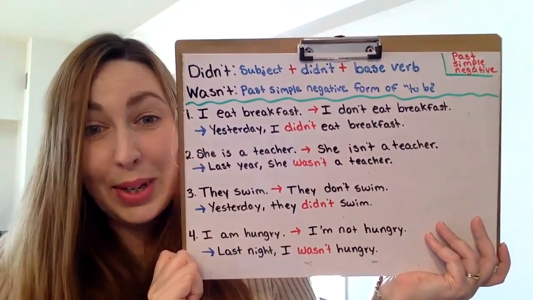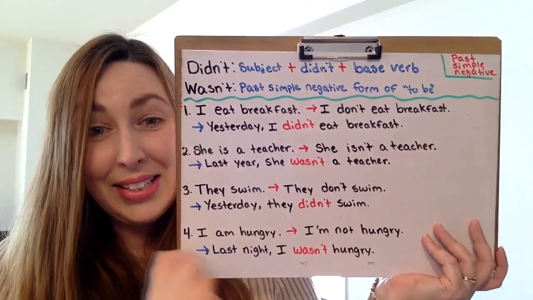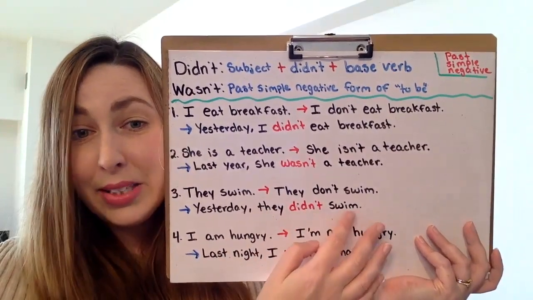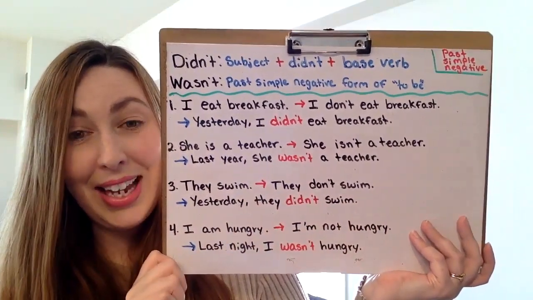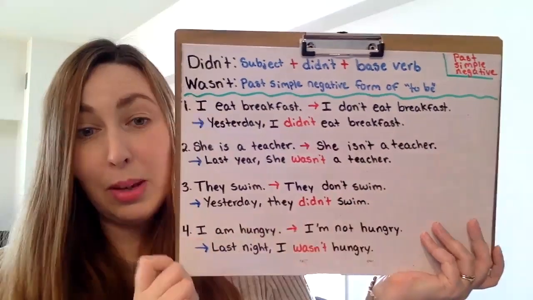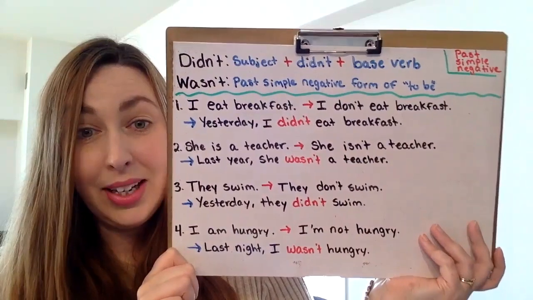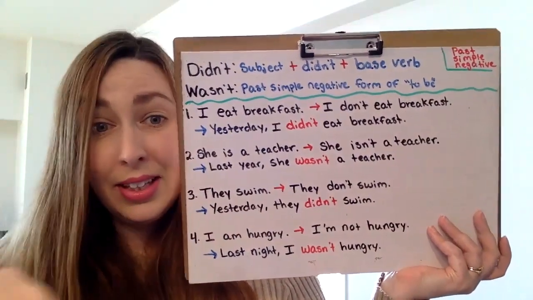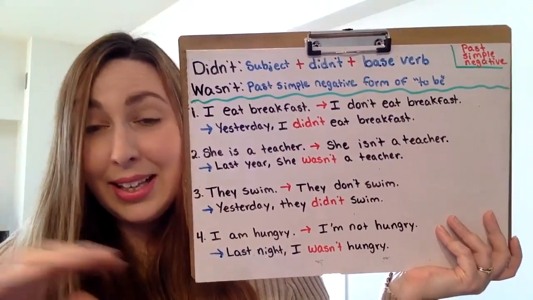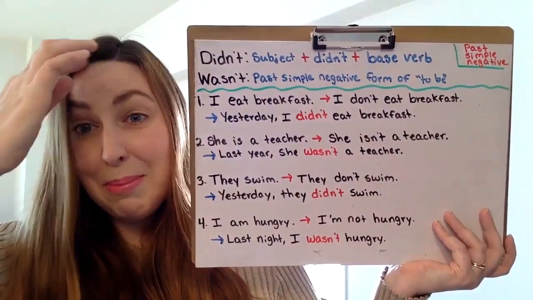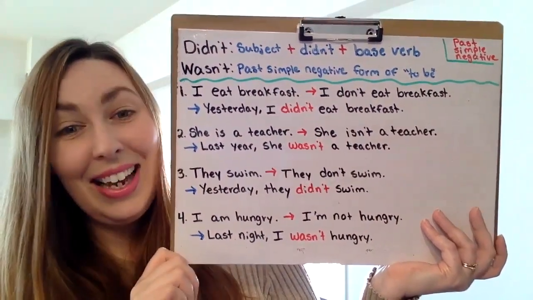We have the subject, didn't, and the base verb, swim. Remember, we don't need to change this base verb. We wouldn't say they didn't swimming or they didn't swam. That is incorrect. They didn't swim. Keep it easy.